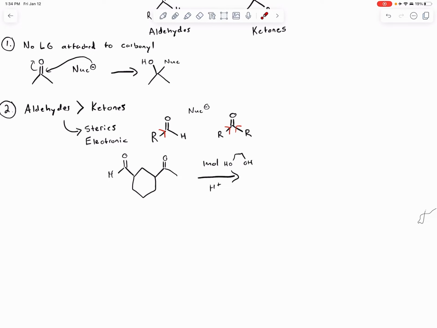Based on that concept, if you have a ketone and aldehyde in the same molecule, since aldehydes are more reactive than ketones, this aldehyde will react preferentially over this ketone. So you can control where the molecule that's incoming goes if it reacts potentially with both. You're going to see this quite a bit later on in the unit, in the problems, but the aldehyde reacts instead of the ketone. So that is the second thing.